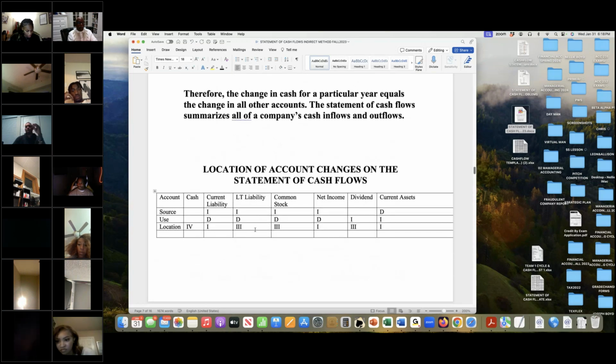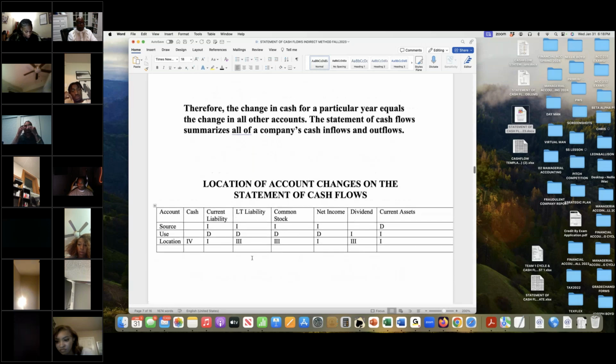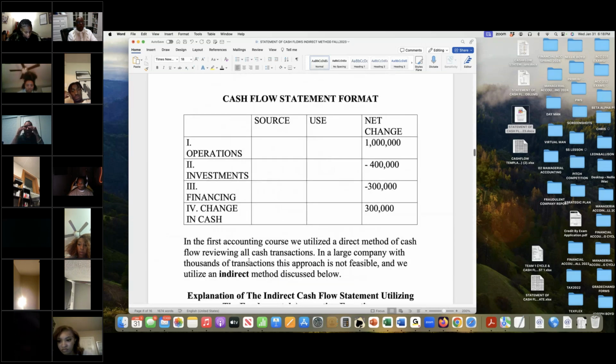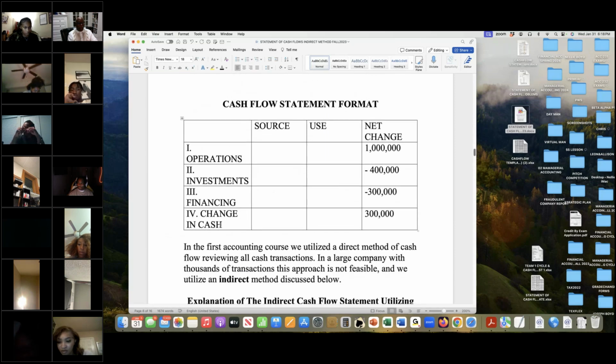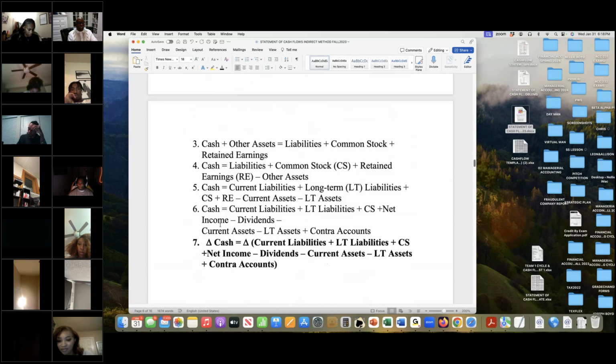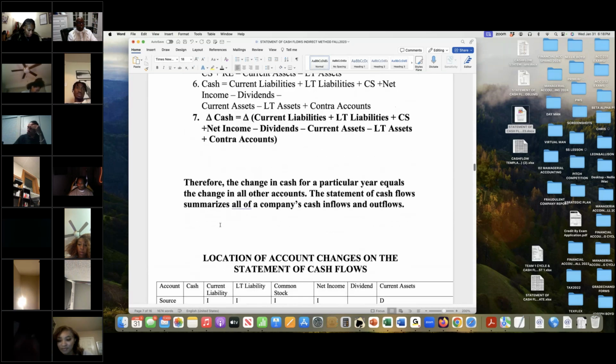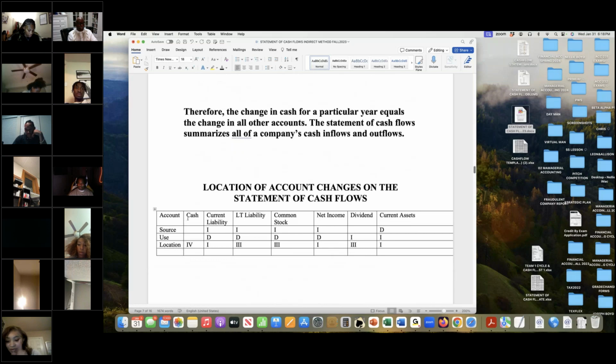Now, with our statement of cash flows, we go back up here. We have sections 1, 2, 3, and 4. In section 4 goes the cash, and it's the change in cash. And that's always the answer to the problem. How much did cash change? Okay, that's where that goes.